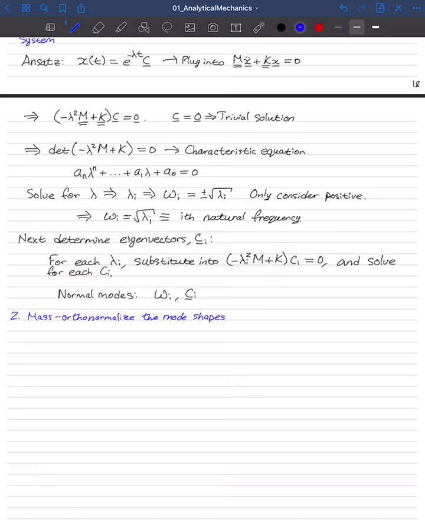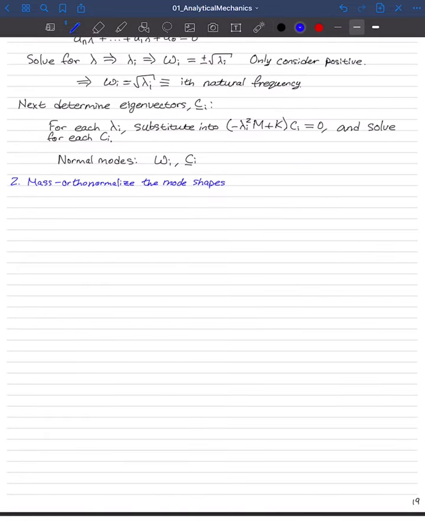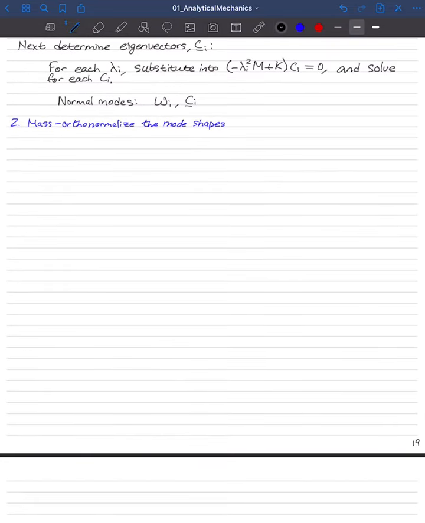Okay, so to mass orthonormalize these, we're going to rely on the fact that mode shapes have arbitrary amplitude. In general, they can have arbitrary amplitude. So we're going to specifically choose a specific amplitude.